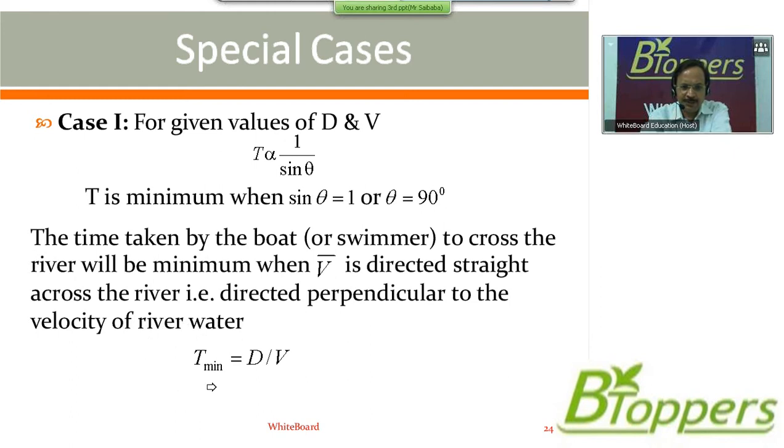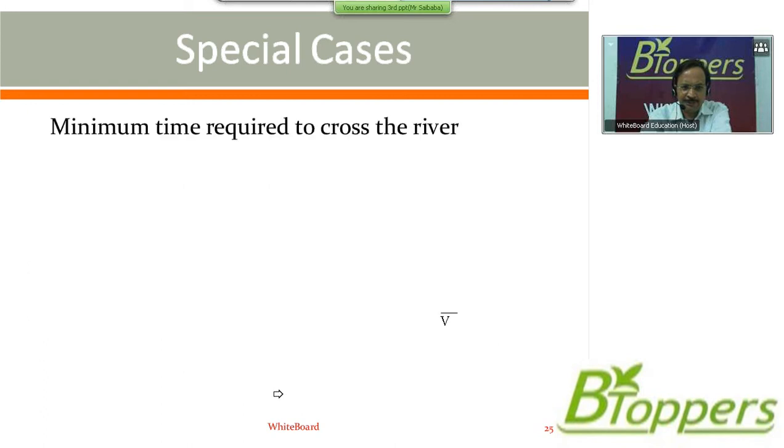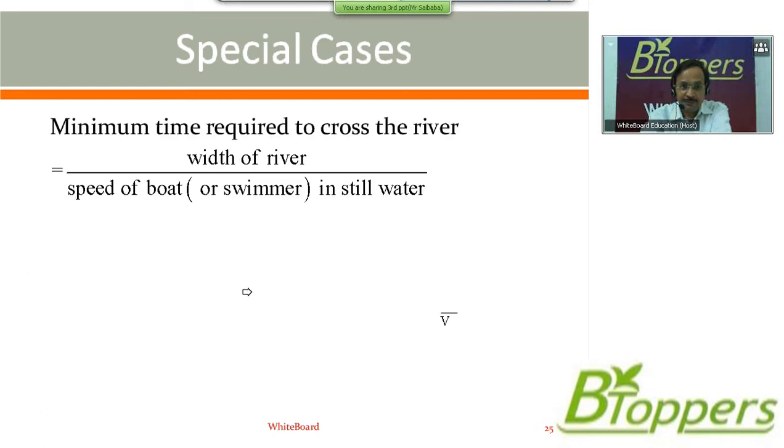The minimum time required to cross the river is D by V, the width of the river divided by the speed of the boat or swimmer in still water.